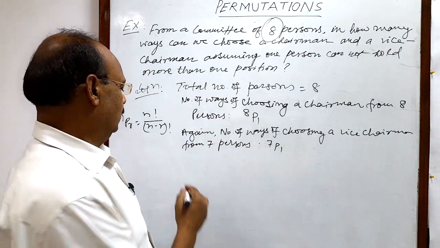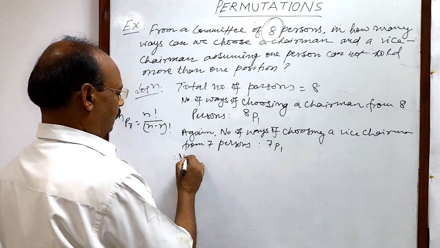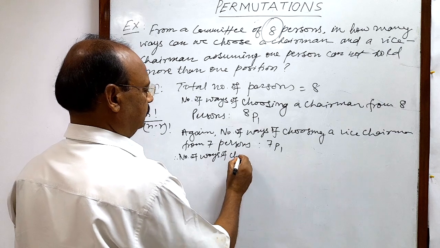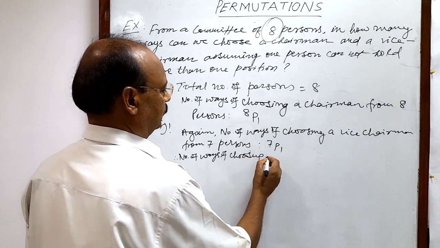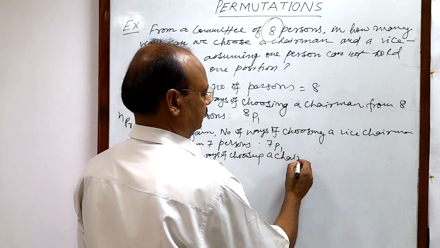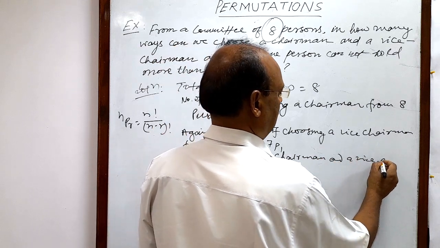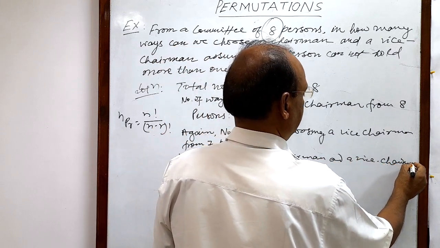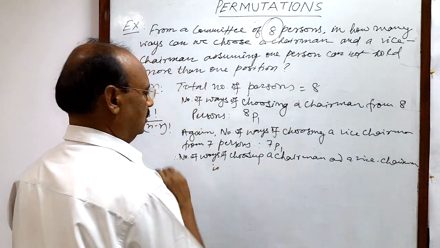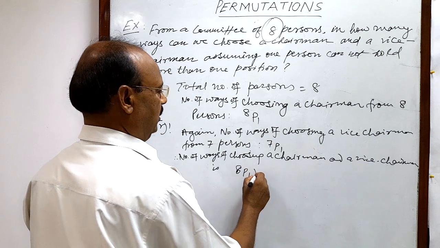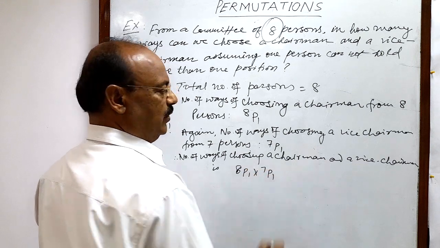Okay, so therefore the number of ways of choosing a chairman and a vice chairman is how many? 8P1 into 7P1.